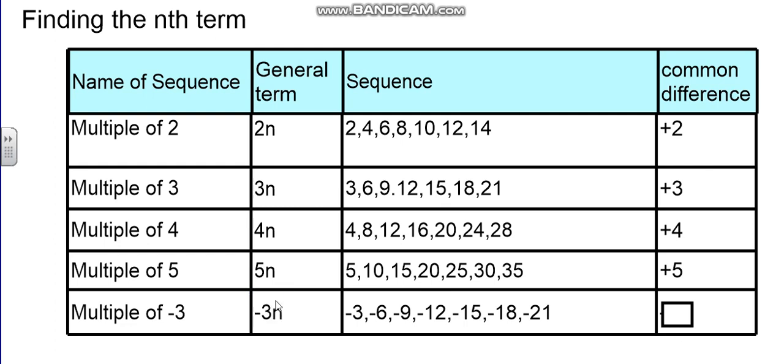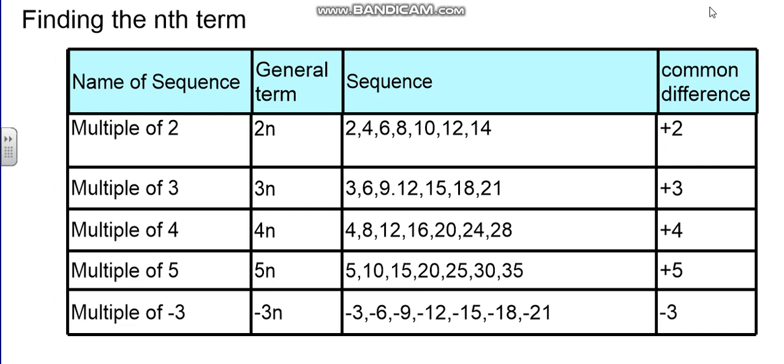So it's going to be minus 3 times n, and you must have that minus in the front. And the common difference is, well, instead of going up, these are coming down. So the common difference is minus 3.